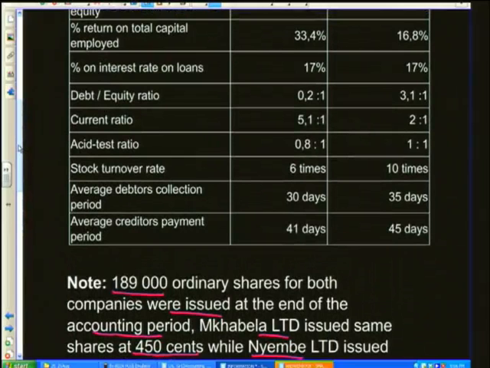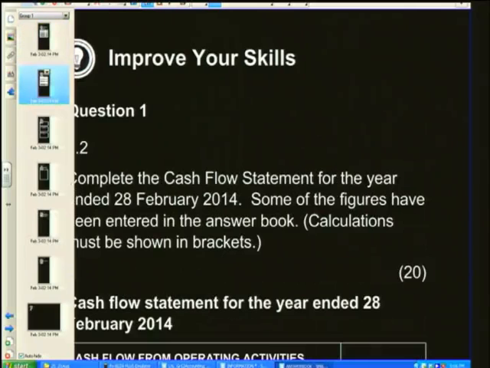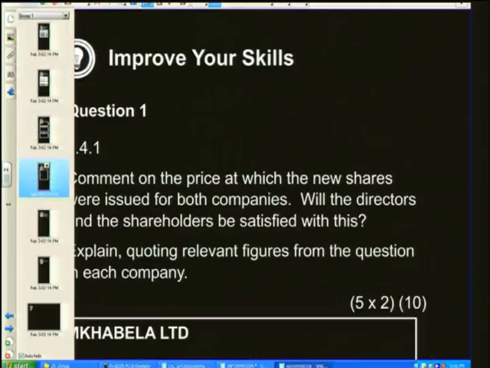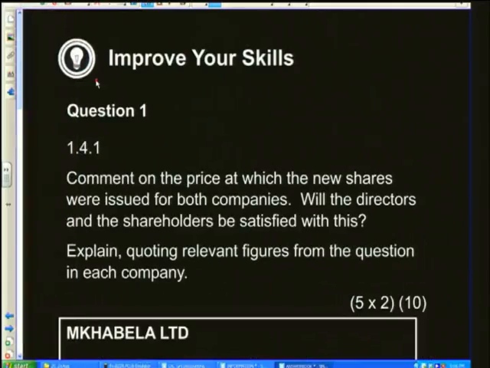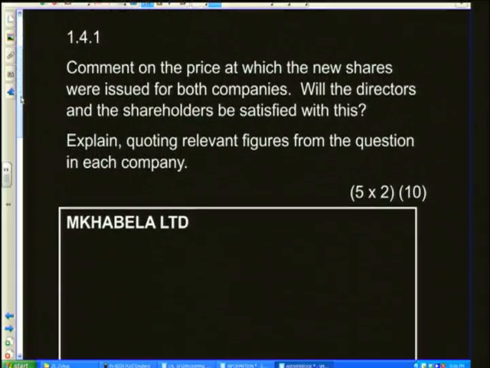So hopefully I can, yeah, there's my answer book. Let's just quickly go to this part of the question. Okay, there we go. Right, guys, so in terms of the questions, let's look at the very first question. Comment on the price at which the new shares were issued for both companies.